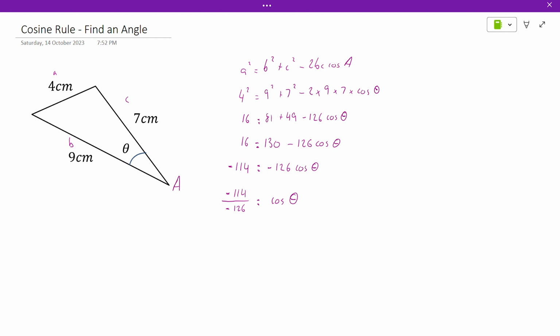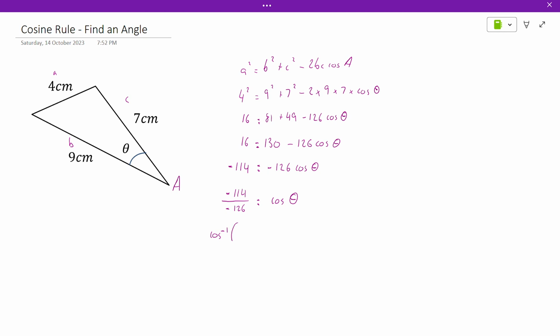Almost done. We still have a cos theta on the right-hand side, and we want theta by itself. So we need to do the inverse of cos, or the cosine, so the inverse of that would be the inverse cosine. That would be shift cos on your calculator. It's going to look like this: cos^-1.